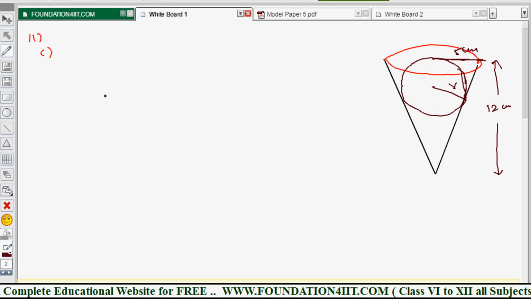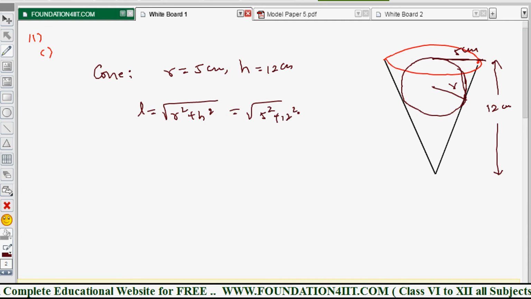So R be the radius of the sphere. First we take the cone. In this, radius is 5 centimeters and height is 12 centimeters. So slant height L is square root of r square plus h square, so square root of 5 square plus 12 square, square root of 25 plus 144 is 169, that is 13 centimeters. So 13 centimeters is the slant height.